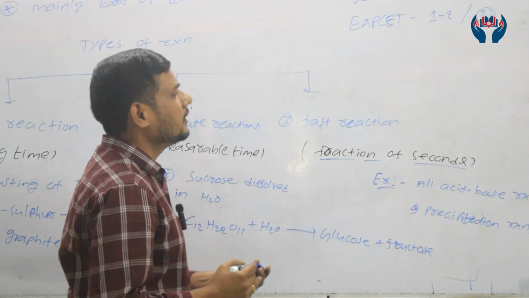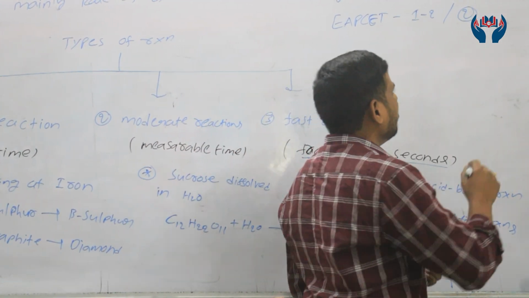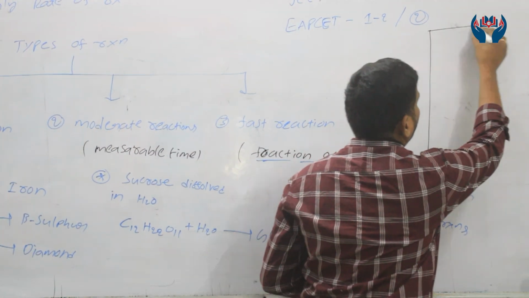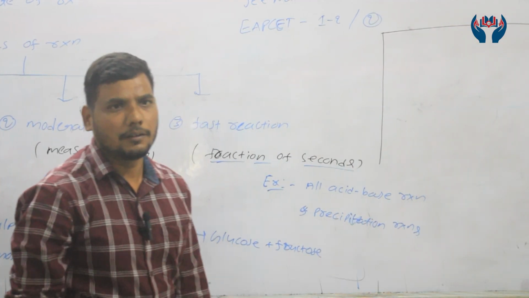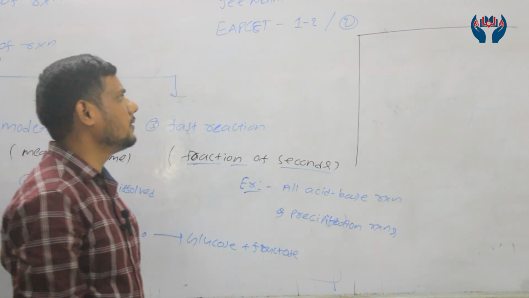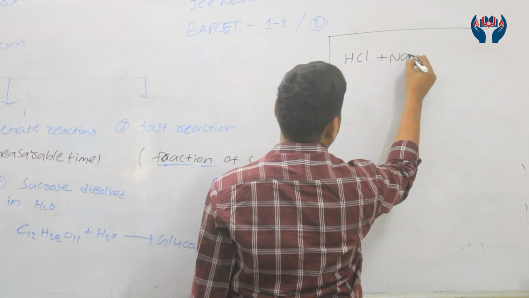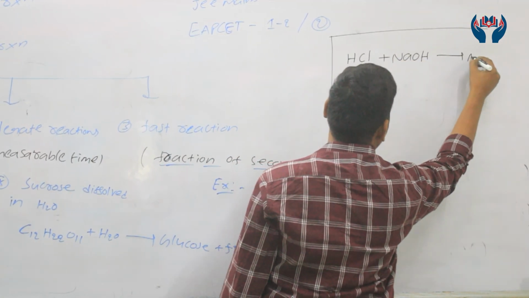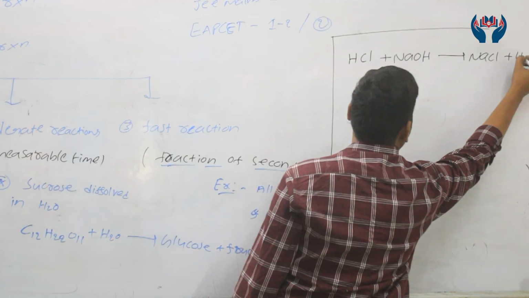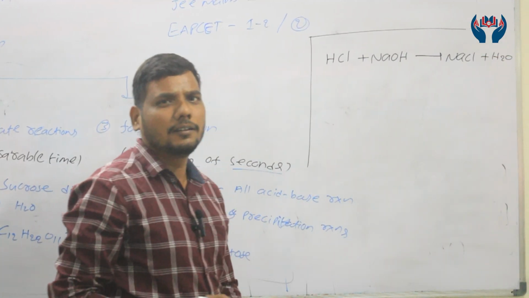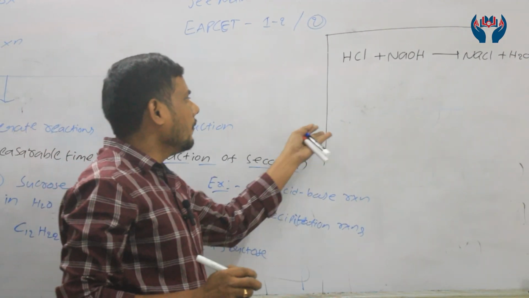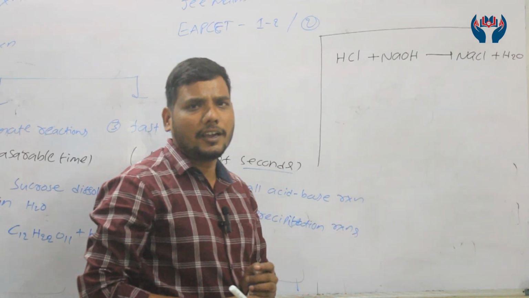What are acid-base reactions? Strong acid reacts with strong base. For example, HCl reacts with NaOH to produce NaCl plus water. It is a very fast reaction, so in fast reactions we are not calculating the rate of reaction.